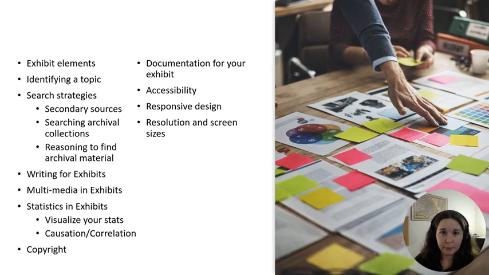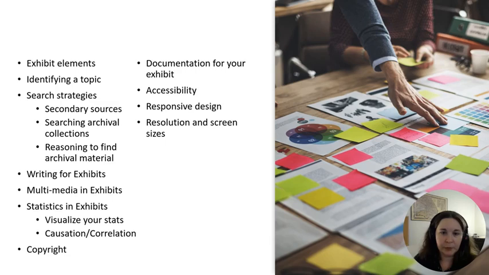So I'll go over briefly some of the topics that we're going to be discussing today. We'll talk about the parts that make up an exhibit, strategies that you can use when selecting a topic, search tools that you can use to find amazing items in the collection, tips for writing for exhibits. A lot of that will be standard writing advice, but we'll go over a couple of concerns that are unique to writing for exhibits.